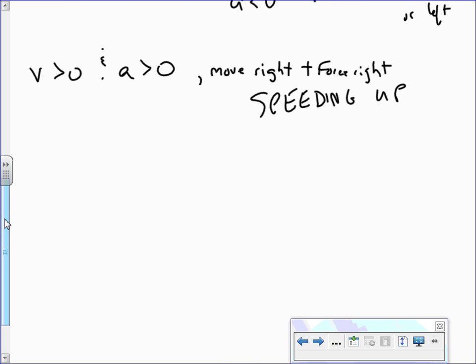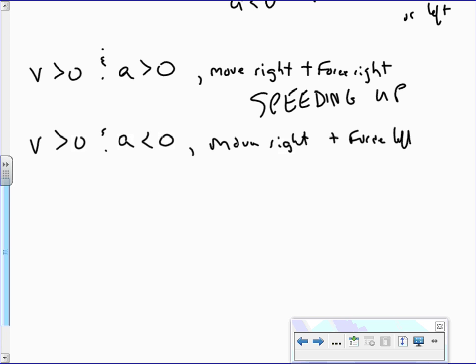Okay? So what about if my velocity is positive and my acceleration is negative? That is, I am moving right, and acceleration is negative. Oh, then you're slowing down. So our force is applied to the left. So I'm moving along this way, and Grace gets up and pushes me from this direction.